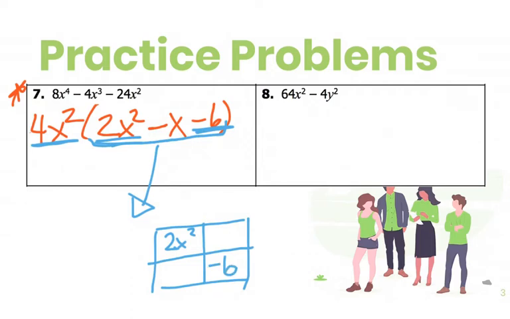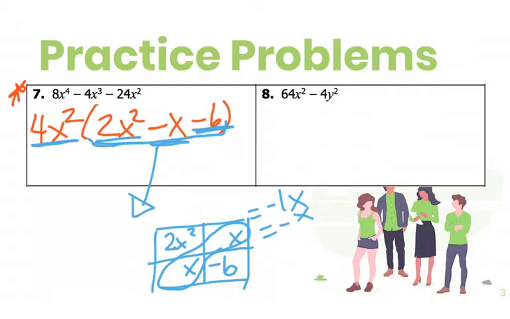Now, these two diagonal boxes need to combine. What do you think? They need to combine to give me a negative 1x. All right, that invisible 1 is there. So they need to combine to give me that negative 1x. Or just negative x.